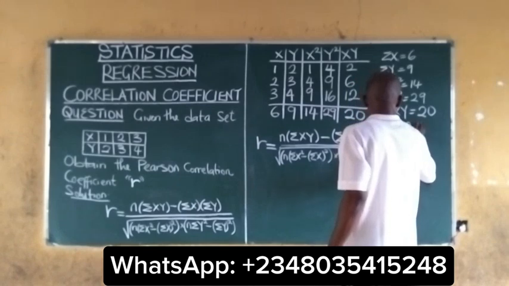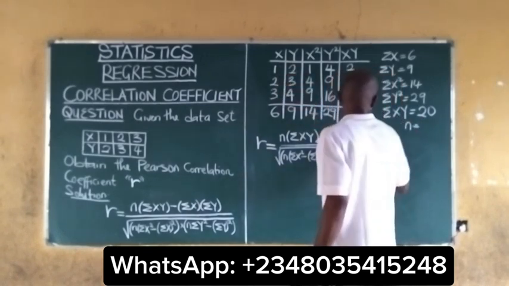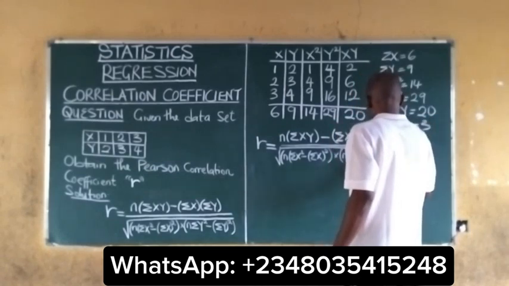Of course, our n is the number of observations, which is 3.